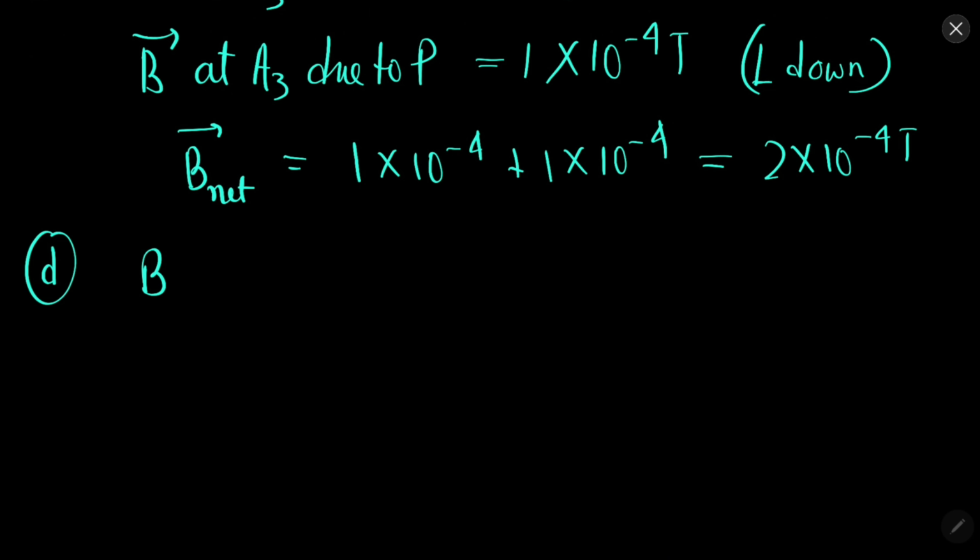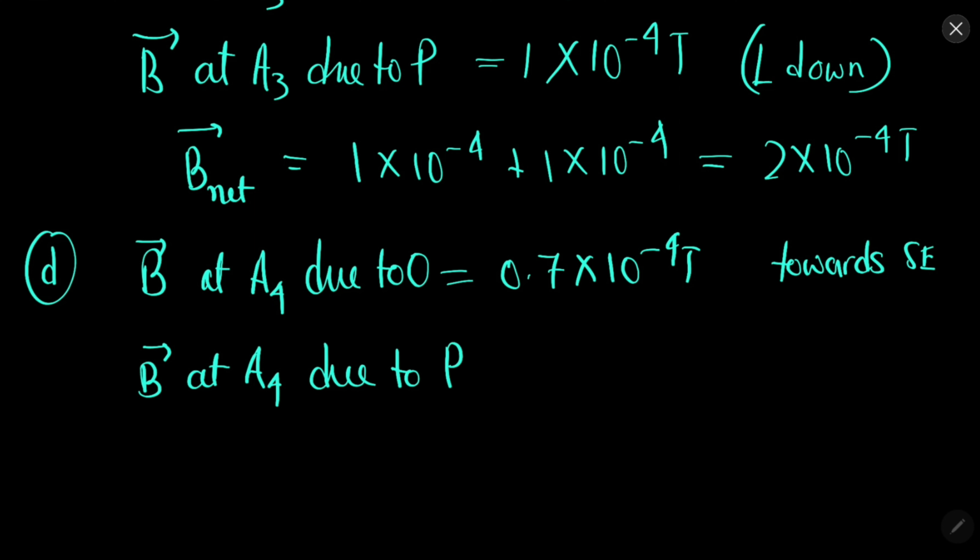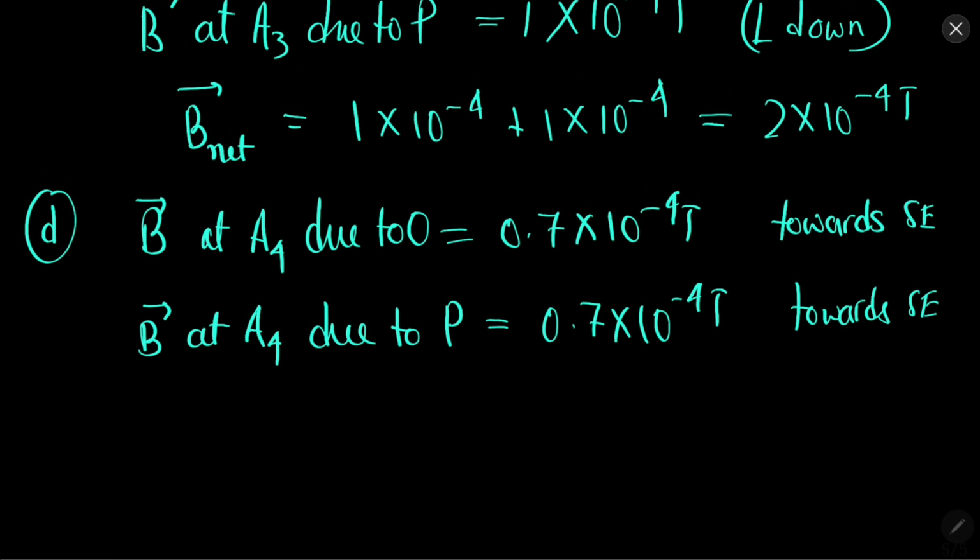Similarly, B at A4 due to O will be approx 0.7 into 10 to the power minus 4 Tesla. This will be towards southeast, and B at A4 due to P will be 0.7 into 10 to the power minus 4 Tesla, towards southwest.